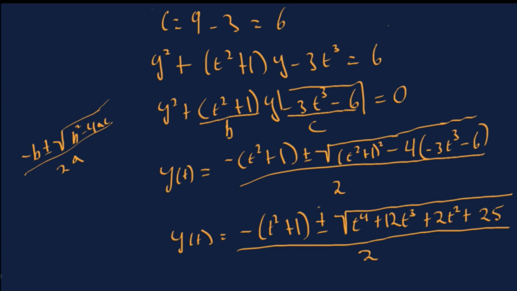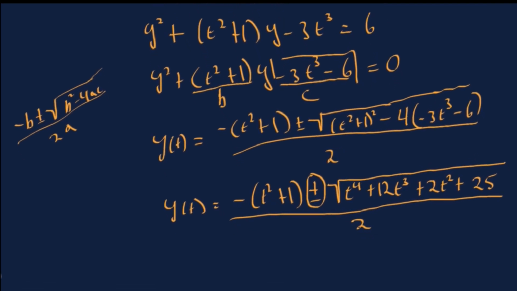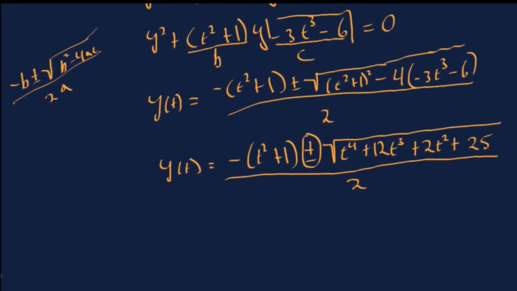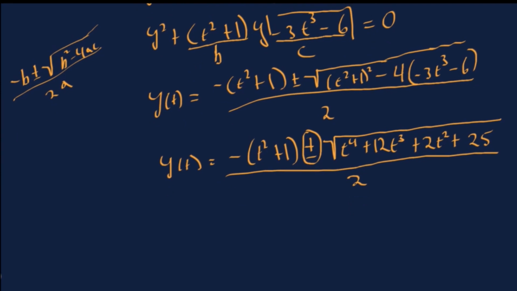Now, because we have this plus or minus, to figure out which one is the correct one that we need for our particular solution, we will plug back in the values of our initial condition, and that will tell us which sign is the correct one for our particular solution. And the initial condition told us that when t was 0, then y was negative 3.